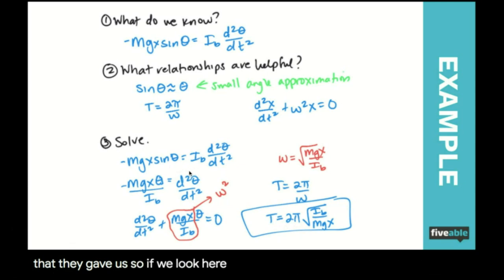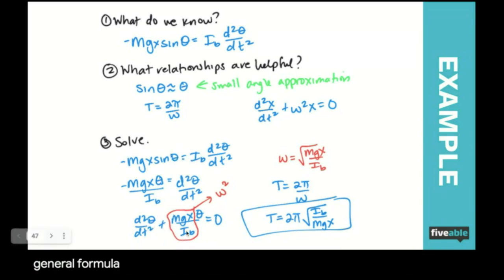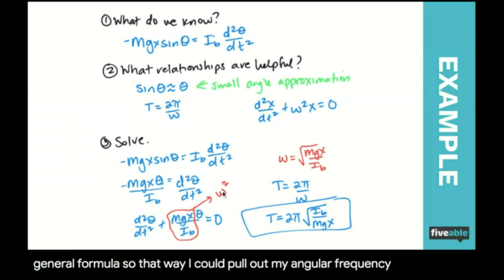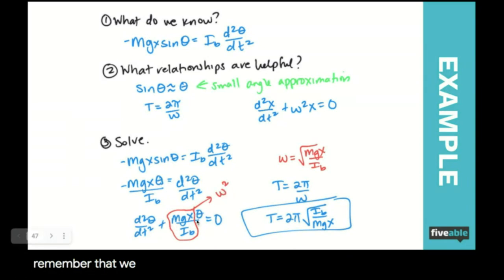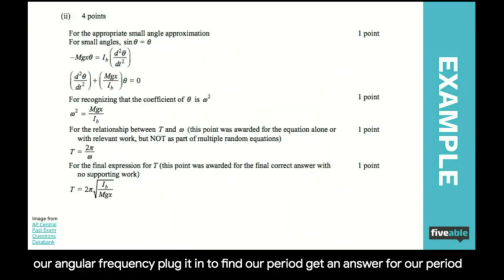So if we look here, all I did is rearrange the equation we got from part A so that it looked like our general formula, so that I could pull out my angular frequency squared. Remember that this looks like that general formula, pull out our angular frequency, plug it in to find our period, and get an answer for our period.